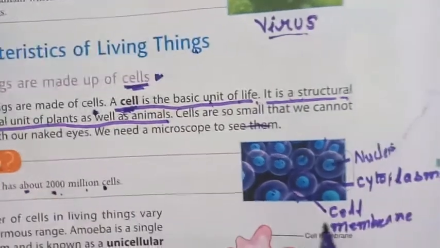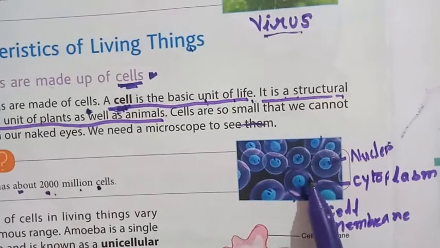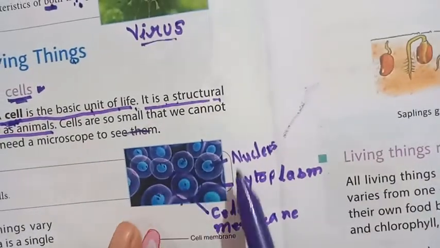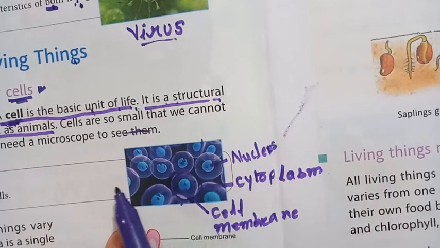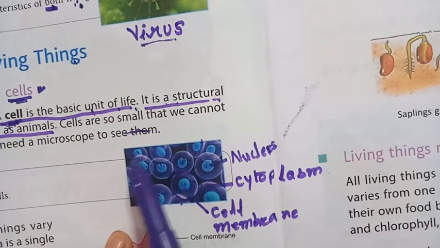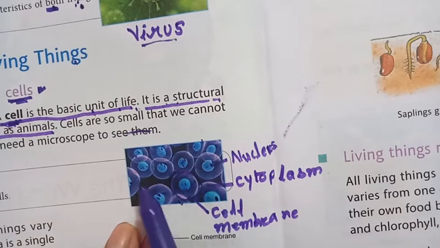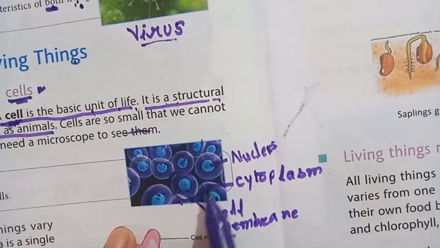Now look here. This is the animal cell. Look carefully. This is a combination of cells. How many cells are there? 1, 2, 3, 4, 5, 6, 7, 8, 9, 10, 11, 12, 13 cells are combined together. All these structures are animal cells.